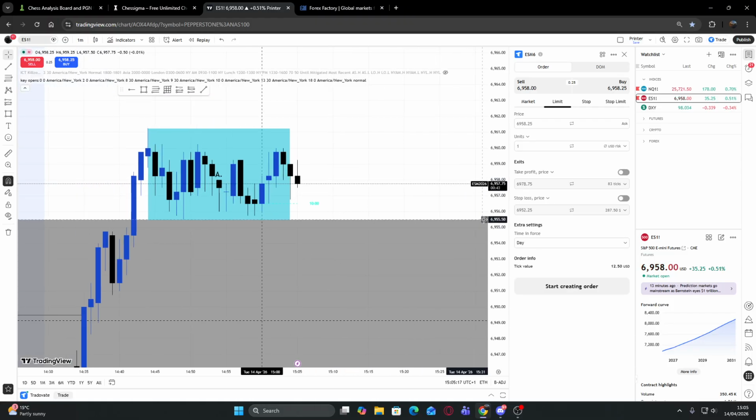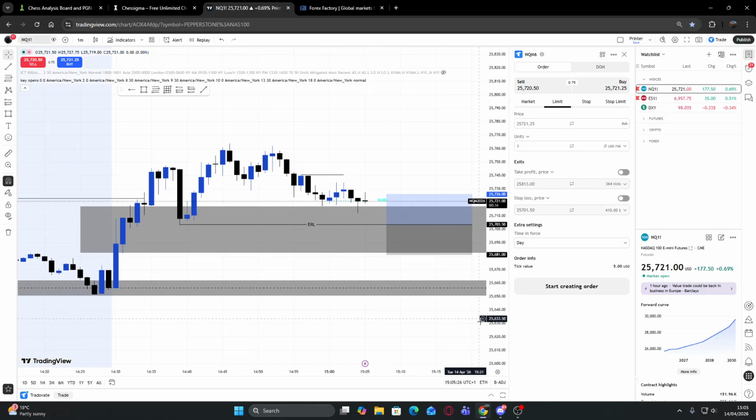I'm going to take a peek at the Nasdaq mainly for now. We'll have our alert here to know if the ES is starting to manipulate as well.